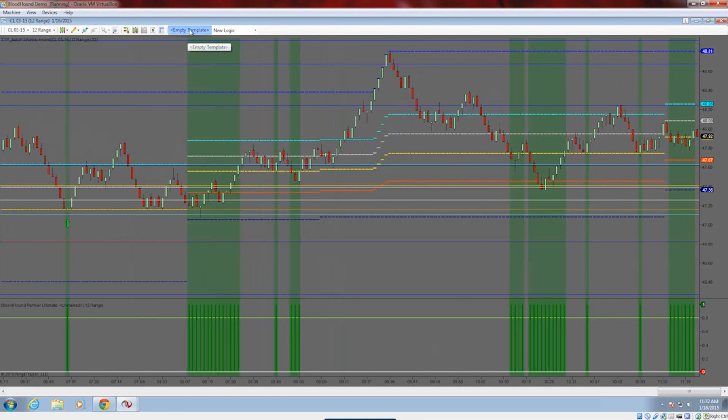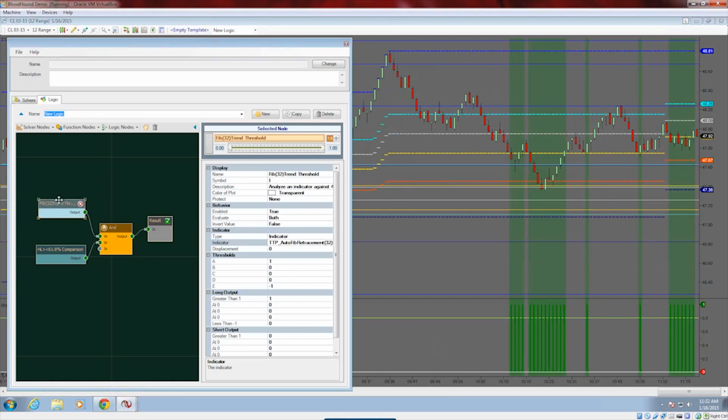So now, Richard was asking which solver is that. Anytime we want to access a data series, let's say for trend, a data series that gives us +1 for a long, -1 for a short, we'll use the threshold solver. And then we just set the threshold here. We'll set 1. Remember, it's 1 for an uptrend, -1 for a downtrend.